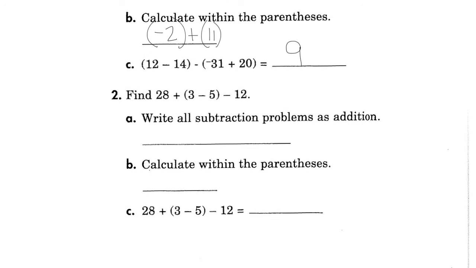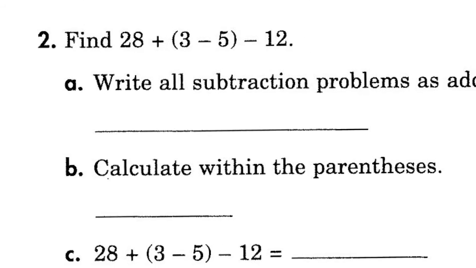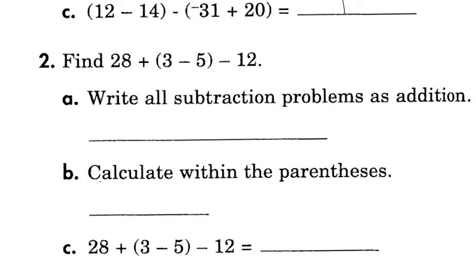When we come down here for problem number 2, it says write all subtractions as addition. This time you have to write them out. I'm going to make this a little bigger. So we have 28. It stays the same. Our plus 3.